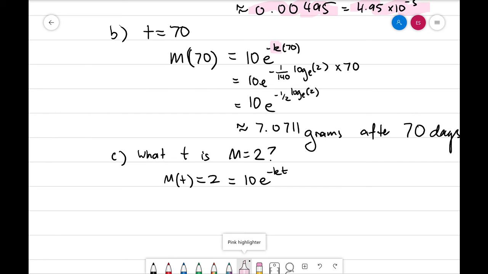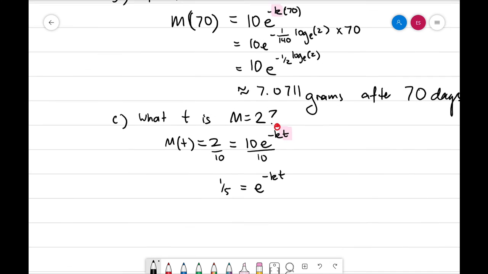Now the one thing we want to find now is we want to find t. Remember, we still know what K is because K we found in part A. So we'll divide both sides by 10, which will give us 1 on 5 on the left, and we'll get minus kt on the right.